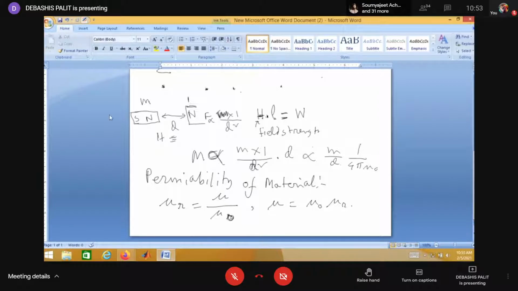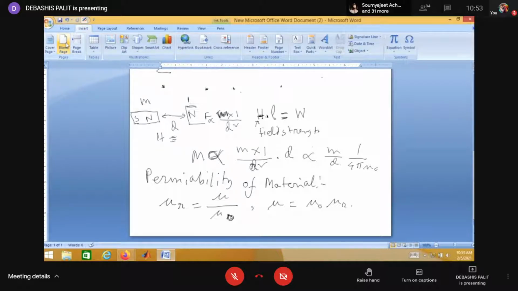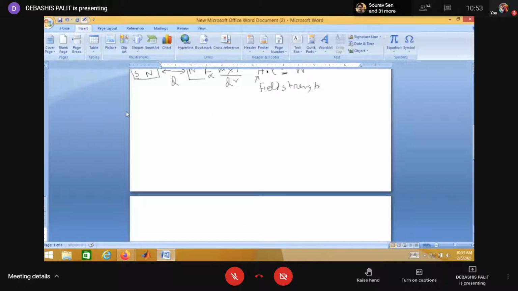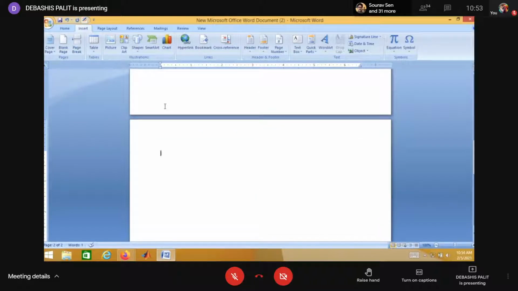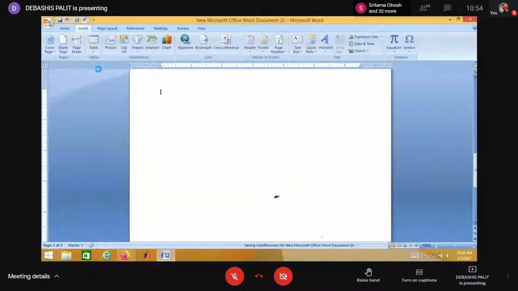Now there is another term, that is reluctance. Reluctance is analogous to resistance of an electric circuit.